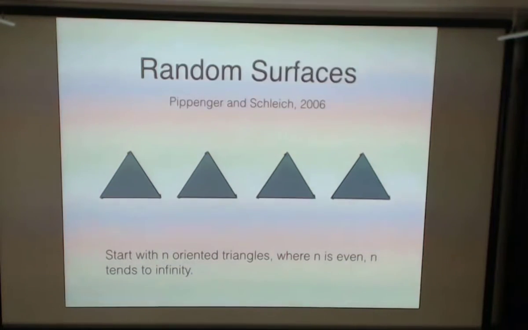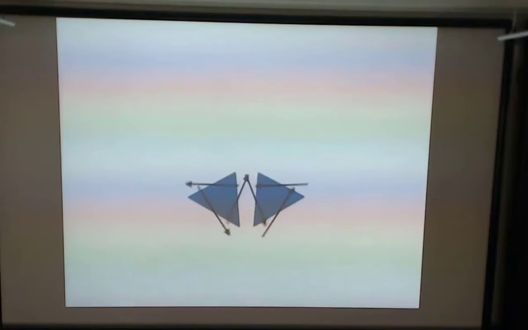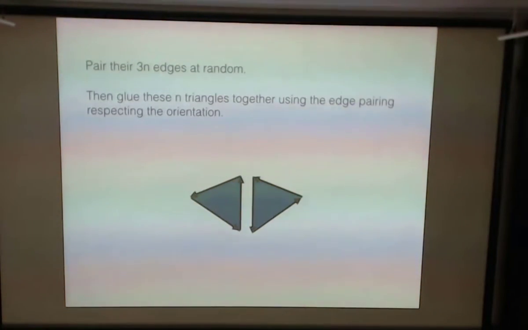Once we have these n triangles, each triangle has 3 sides. So in total we have 3n edges, and we find a random pairing between these 3n edges. Here we use our assumption that n is even, so 3n is an even number, so we can split it into pairs. Once we pair 2 sides, we glue the corresponding triangles along those 2 sides such that the orientations are opposite.